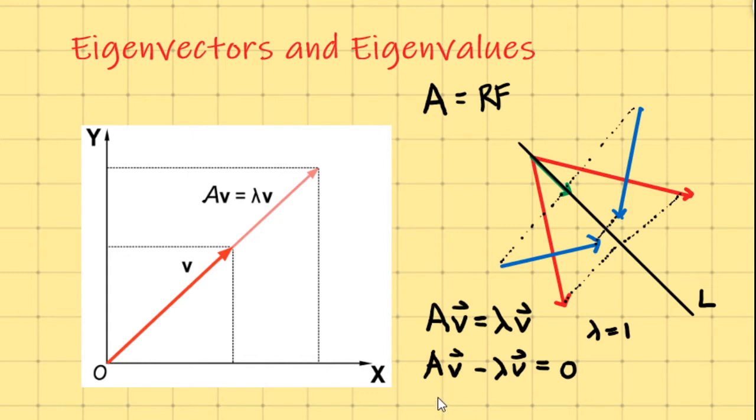Okay, now if we take the vector v out, this is what we're left with. And lambda is just a scalar, so I'm going to multiply it by the identity matrix just so that we're dealing with only matrices in the parentheses here.